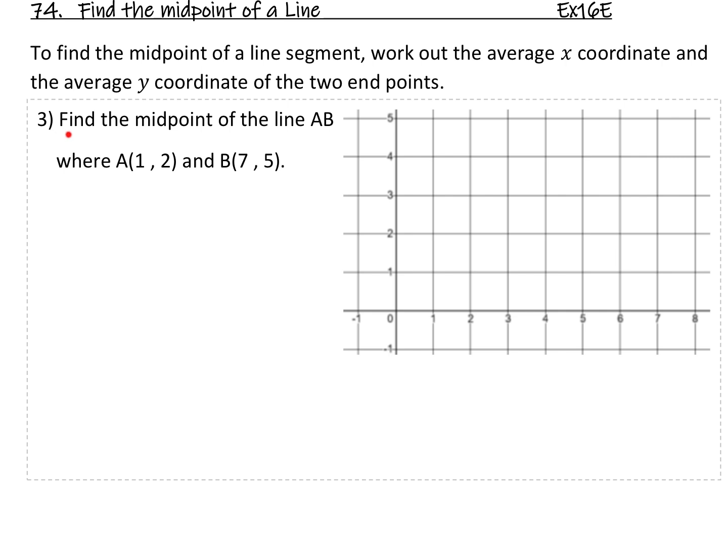So in this example, we've got to find the midpoint of the line AB. A is the point (1, 2): along the corridor 1, up the stairs 2, and B is (7, 5): along the corridor 7, up the stairs 5. Now you could get the answer without even drawing this out, so this is an easier standard of question because there's a diagram for you to visualize to help you.